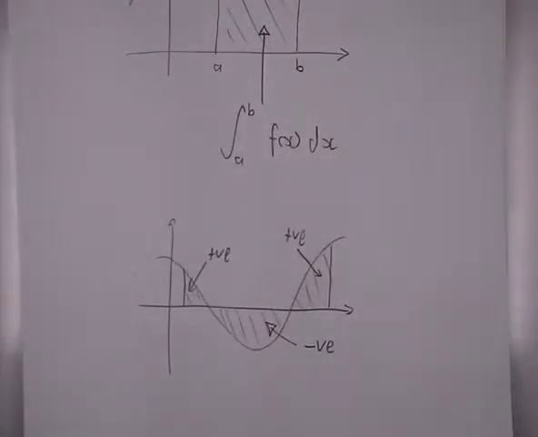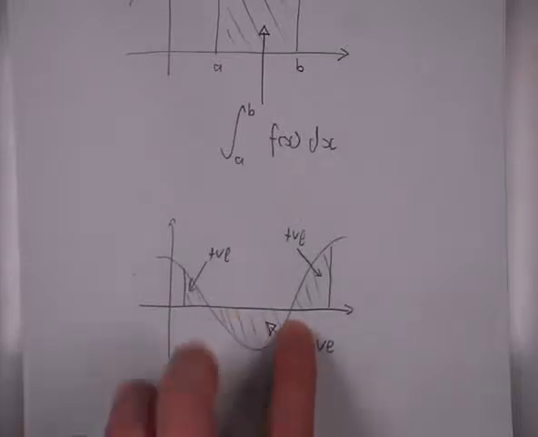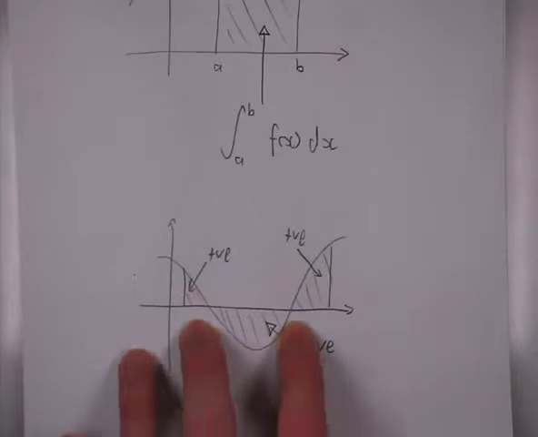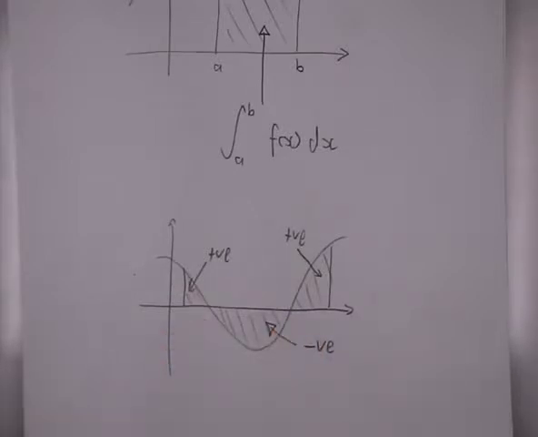And if the area is below, it will count as a negative. From ordinary everyday thinking, areas can't be negative. That doesn't make any sense, but that's how the formula for the integral works. Which means that if you are specifically asked to find the area, then you need to find this bit separately, because it'll come out as a minus, and you'll need to turn it into a plus and add it on instead. So I'll get to that.